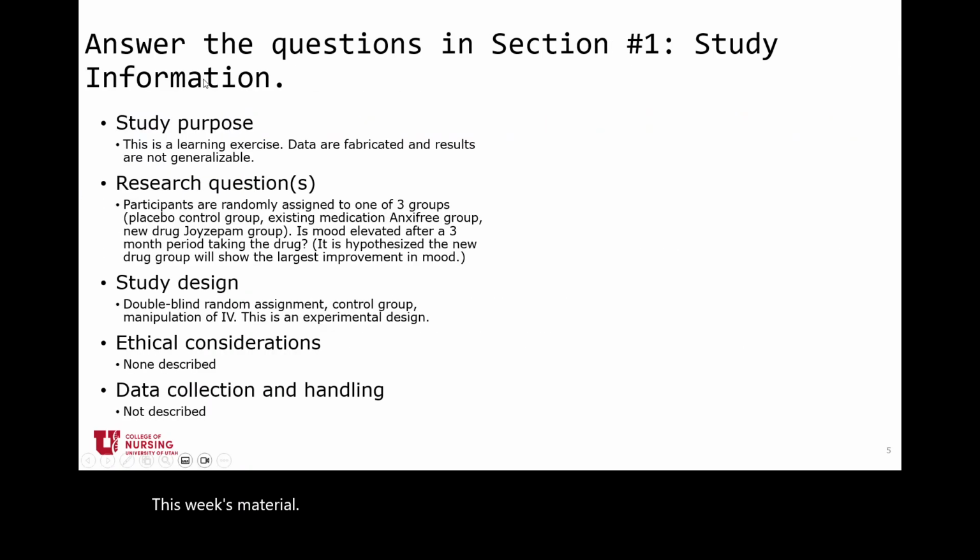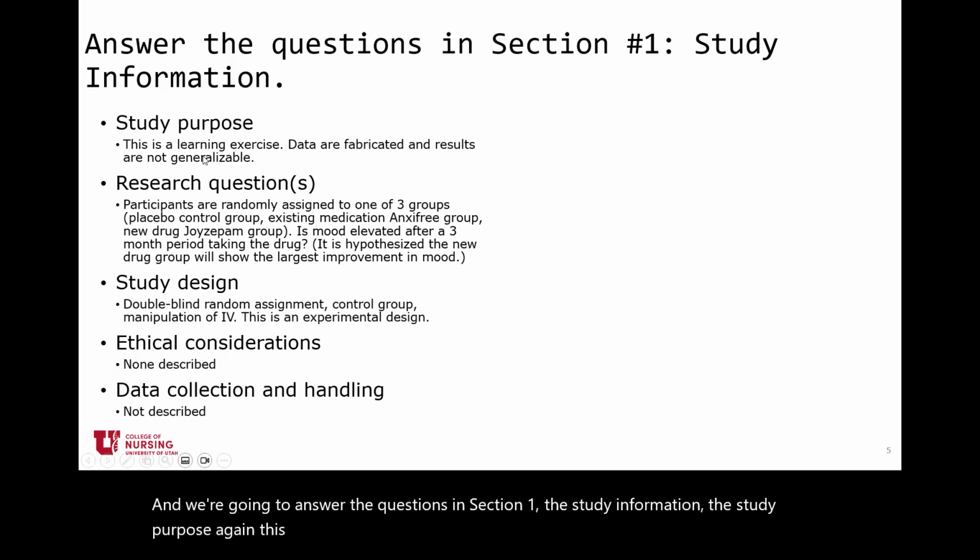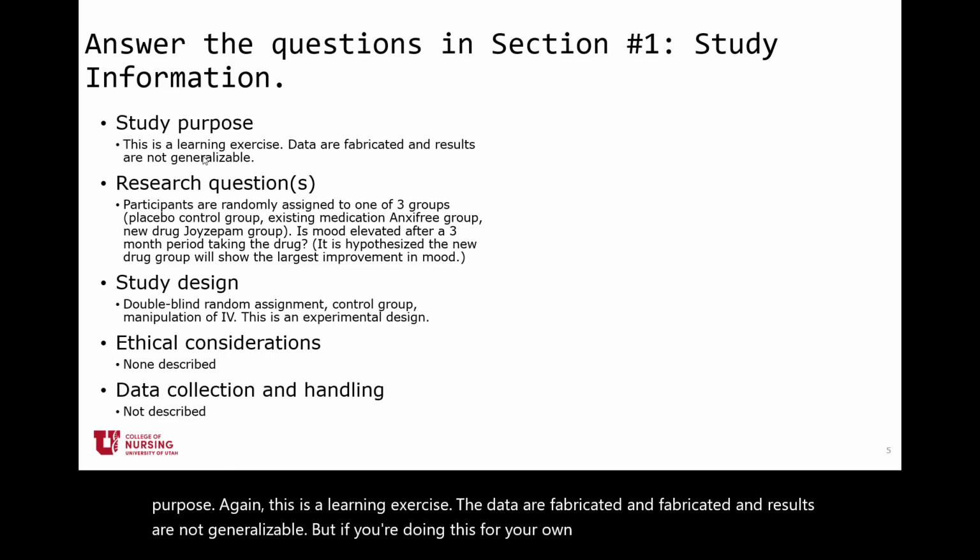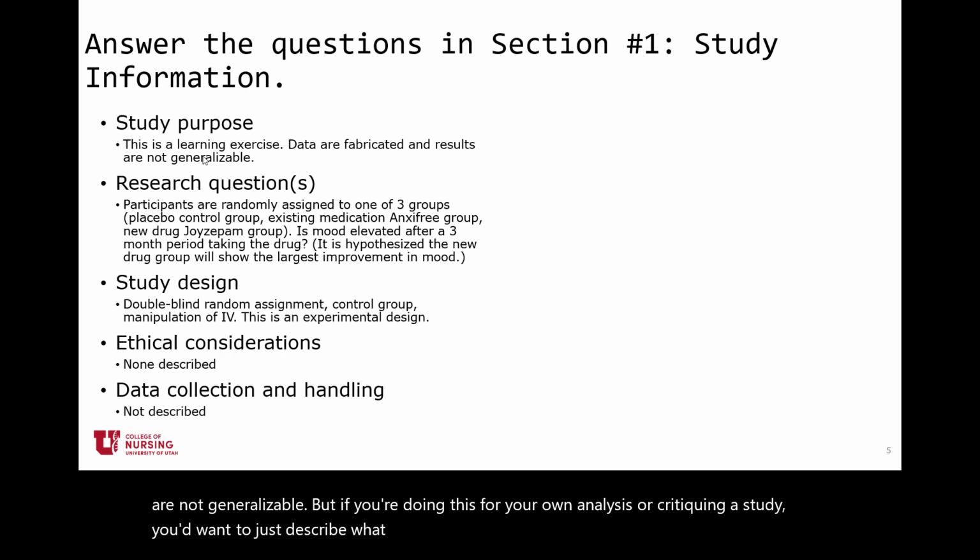And we're going to answer the questions in section 1, the study information. The study purpose, again, this is a learning exercise. The data are fabricated and results are not generalizable, but if you're doing this for your own analysis or critiquing a study, you'd want to just describe what the purpose was.